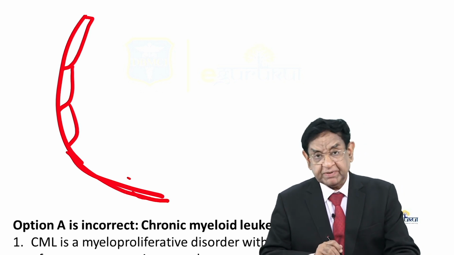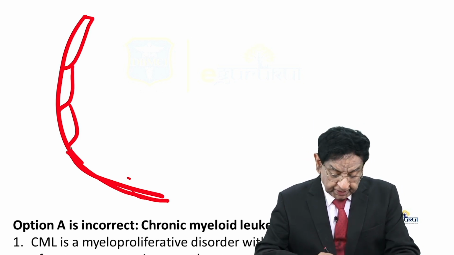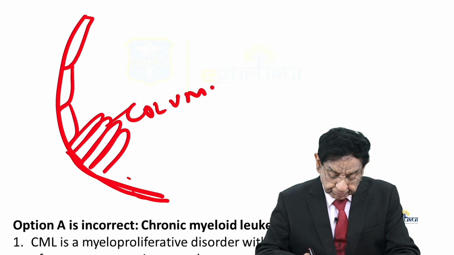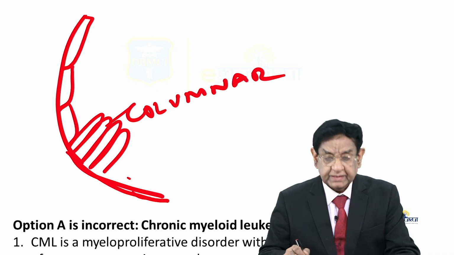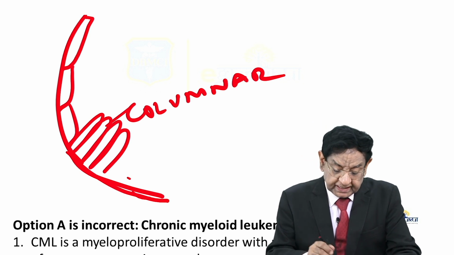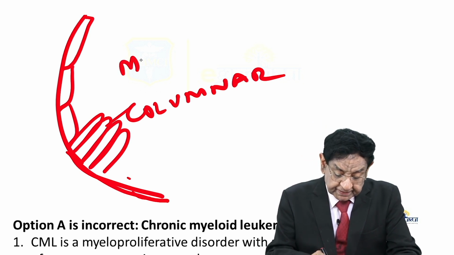Now in this area where the parietal cells have been removed, the body will try to regenerate cells, but they are columnar cells. This is in response to atrophy of the parietal cells, and this is known as metaplasia.